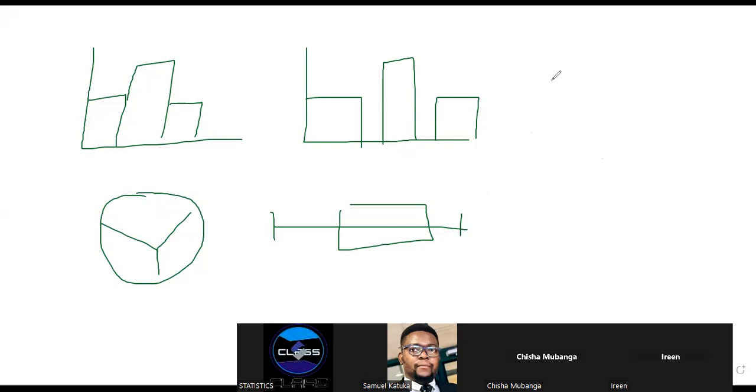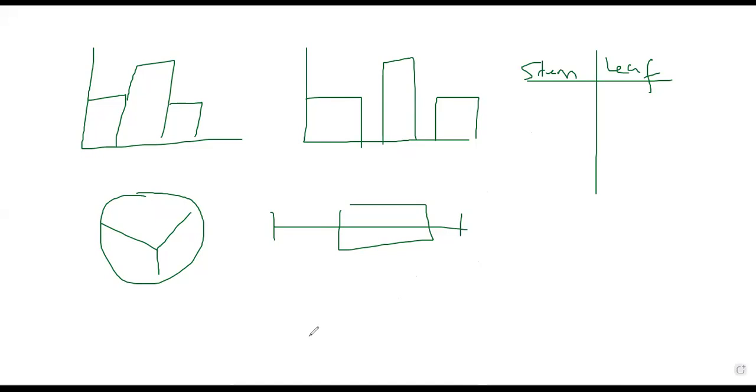So the stem and leaf diagram, we defined it as looking like this. Here we have our stem, and here we have our leaf. It's possible to transform ungrouped data to grouped data.